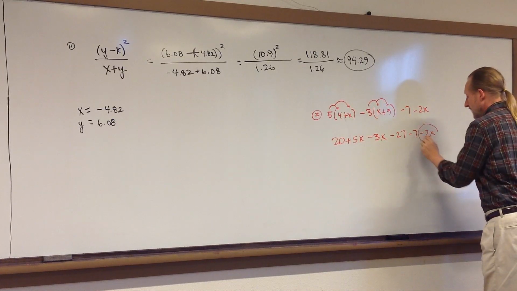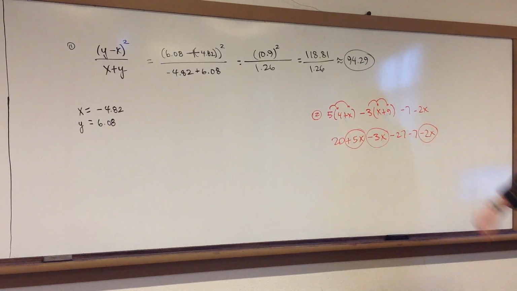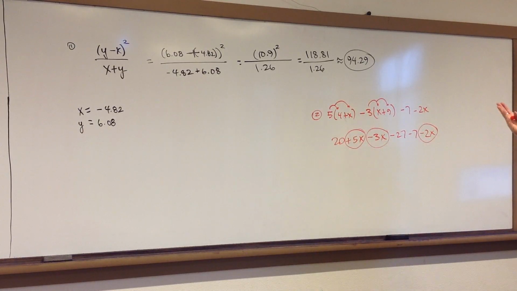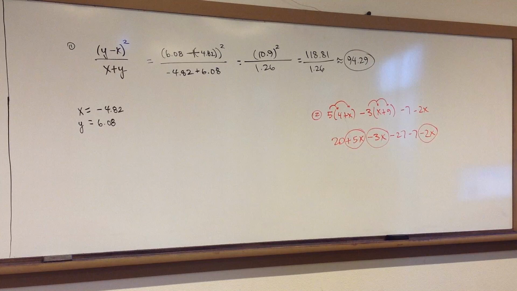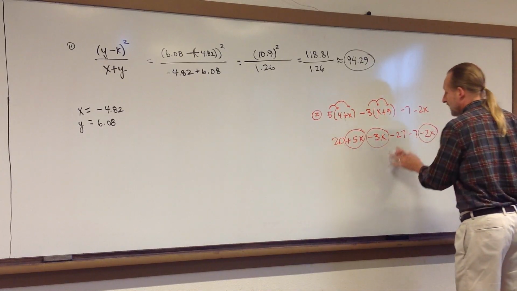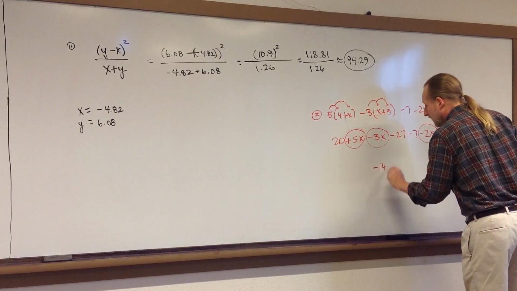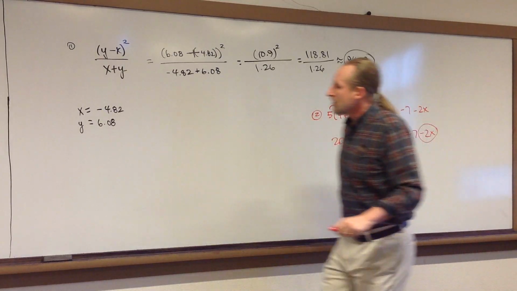So here are the terms that involve x. You've got a positive 5x, and then minus 3x and minus 2x. That makes 0, and so we can just leave that out. What we need here are these constant terms. 20 minus 27 is negative 7. Another negative 7 will make negative 14.